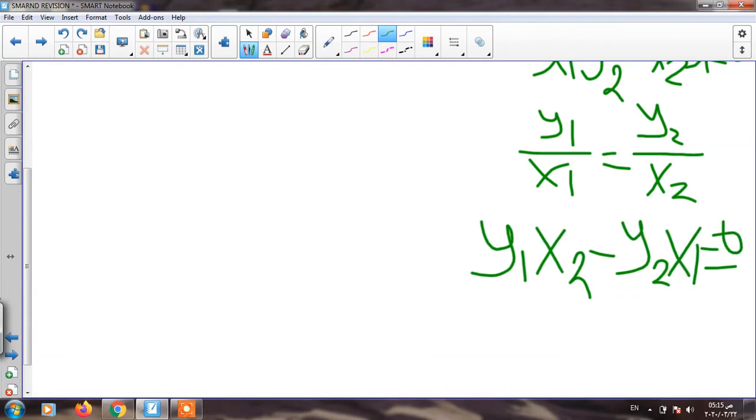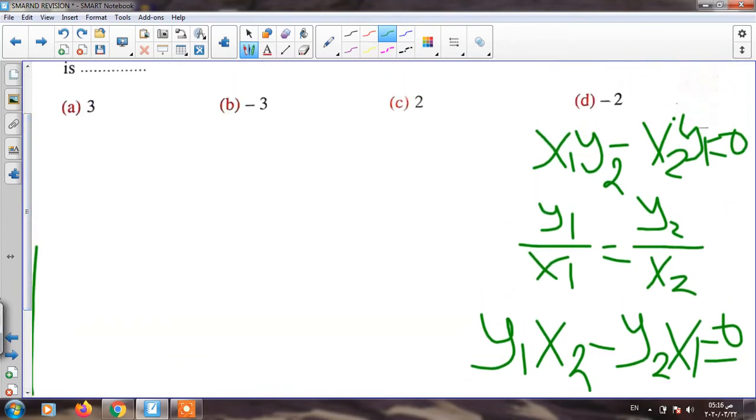Miss, if I put y2 x1 minus y1 x2, is it right? Yes, it's right. It's the same rule I said here, x1 y2 minus x2 y1 equals 0. So you might have the two slopes, equalize them, and find the unknown value, or you can do something else.